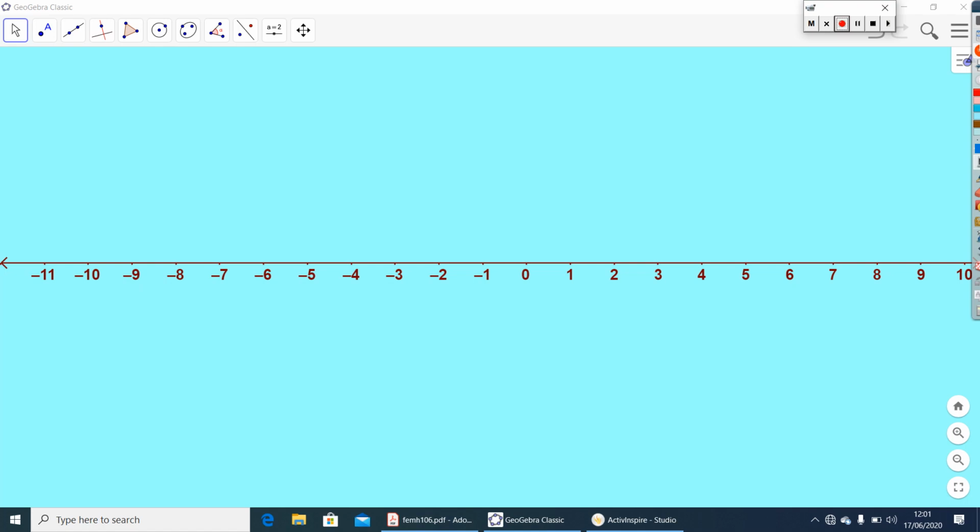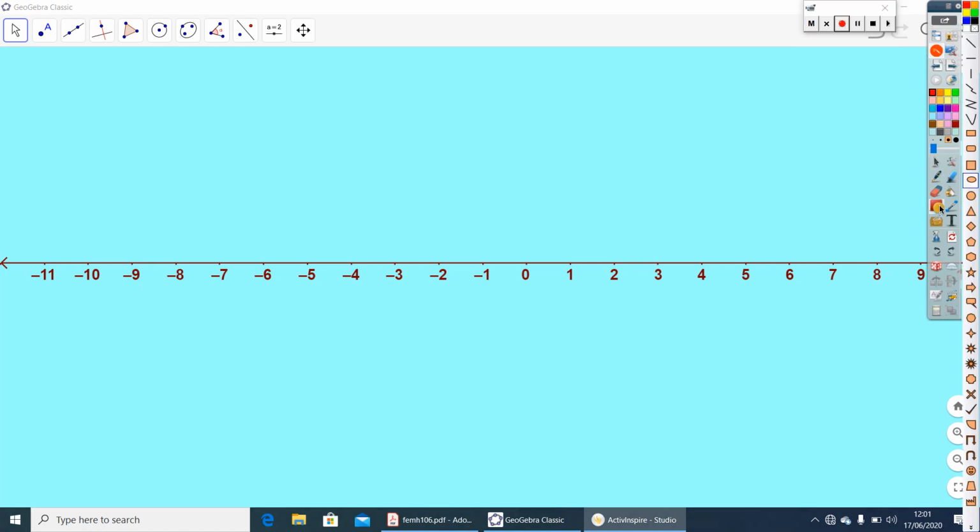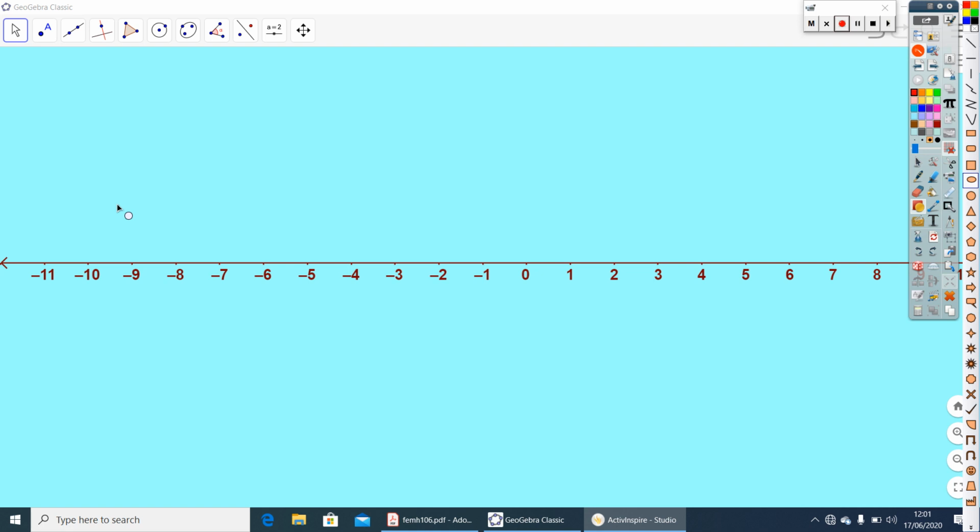Here you have a number line. Consider a number negative 8. What does negative 8 indicate? It is 8 divisions, 1, 2, 3, 4, 5, 6, 7, 8 divisions behind 0, or it is 8 divisions left to 0.